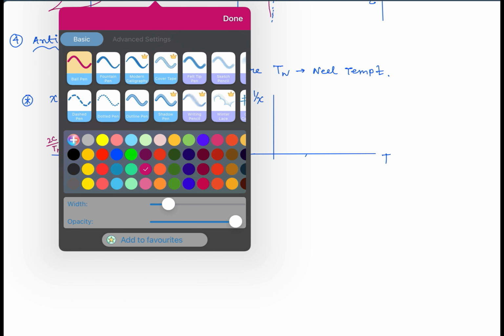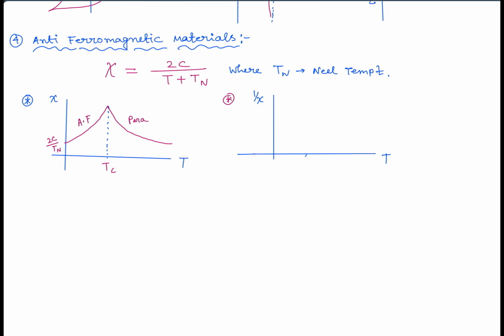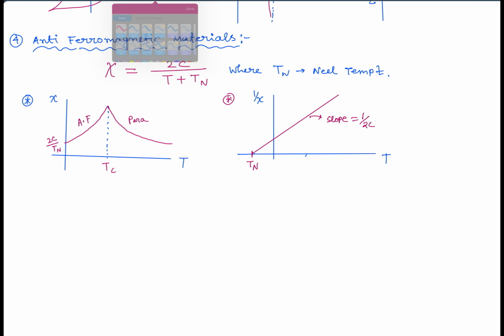This graph looks like this. This one is Tn, slope 1 by 2C. This point is Tn by 2C.